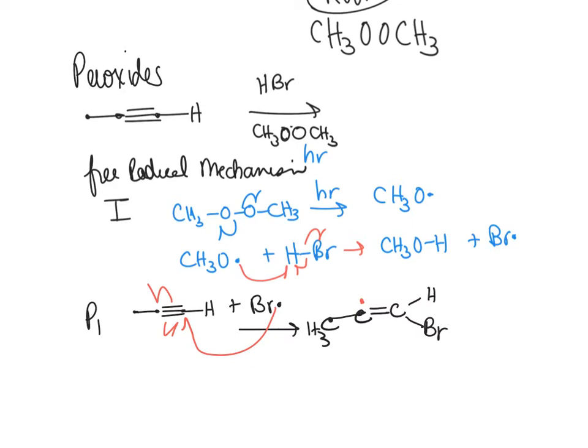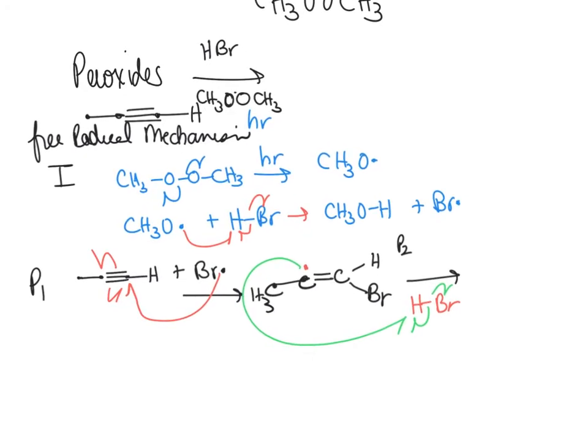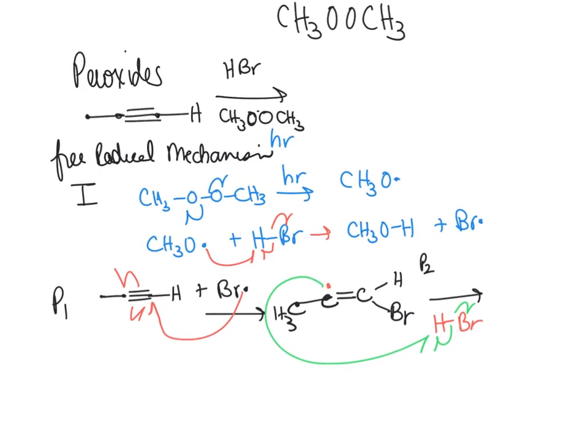Now we have to react this free radical with propagation 2. It's going to react with another HBr. And so this one electron will add here, take away H, and you will get CH3.